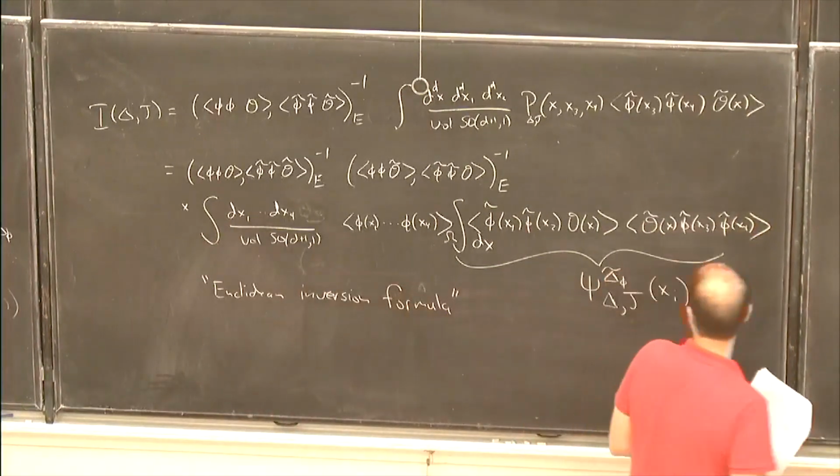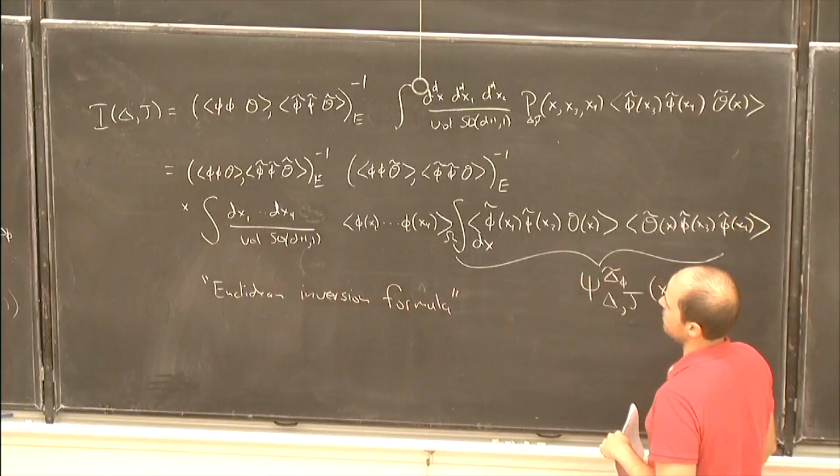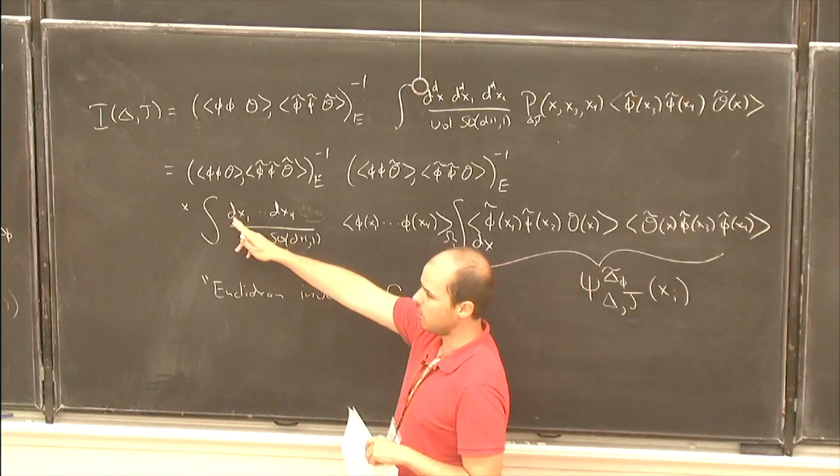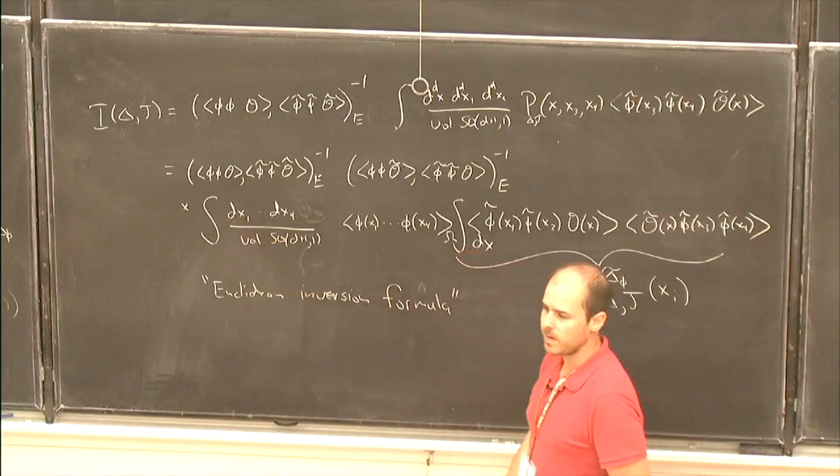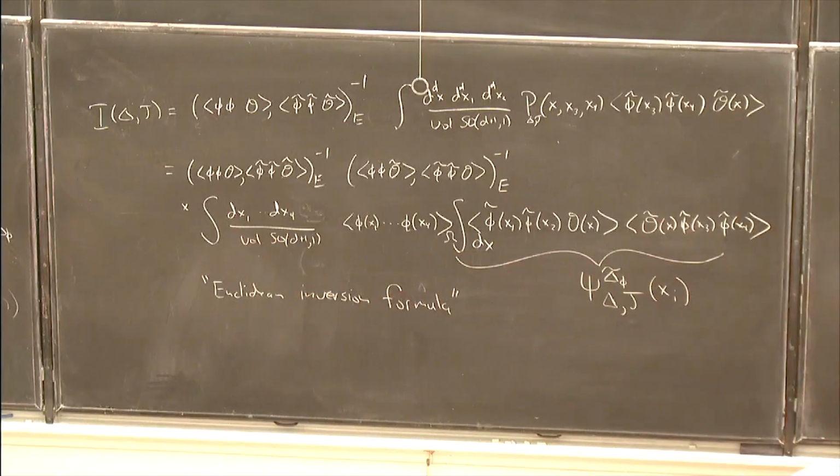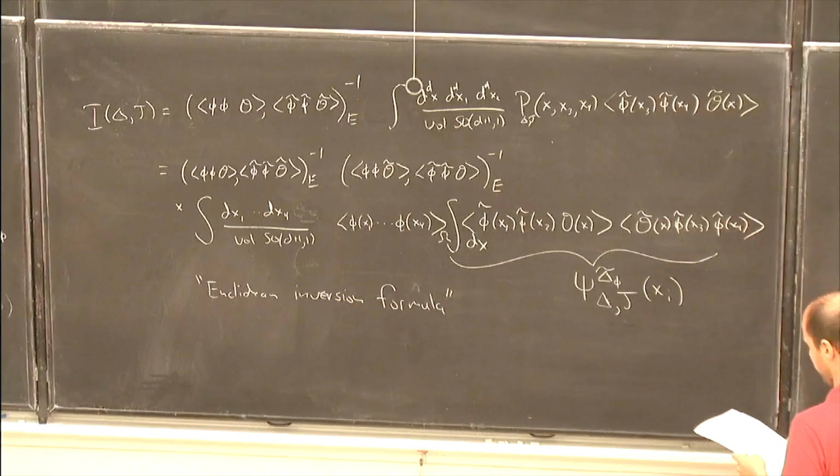And this may look a little bit formal because we have this 4D dimensional integral and we're dividing by infinity. So let's unpack this definition a little bit and get to something slightly more concrete.